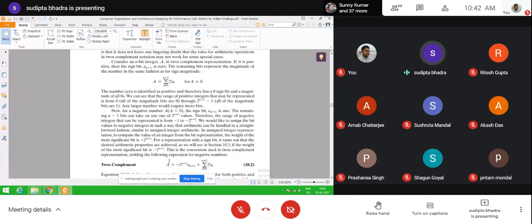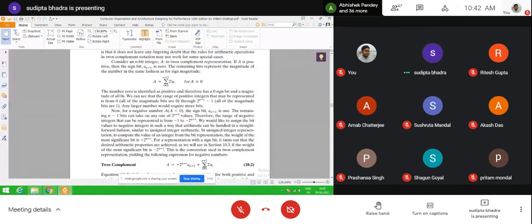The equation representing the expression for a negative number in two's complement representation is something like this: capital A, the integer, equals minus 2 to the power n minus 1 times a n minus 1, plus the magnitude part.